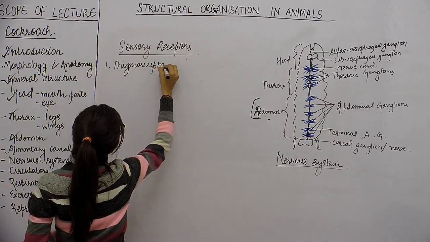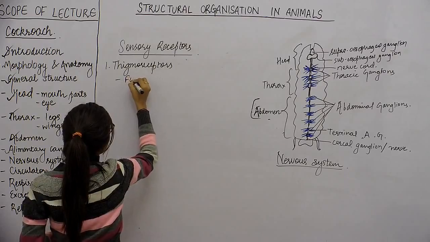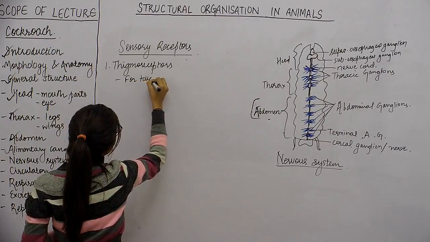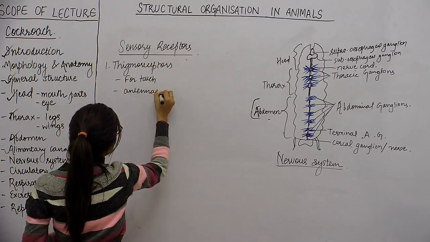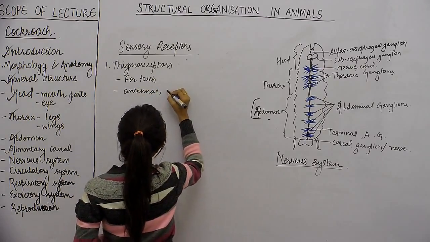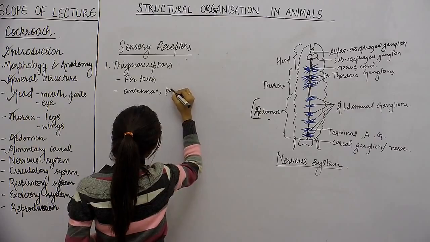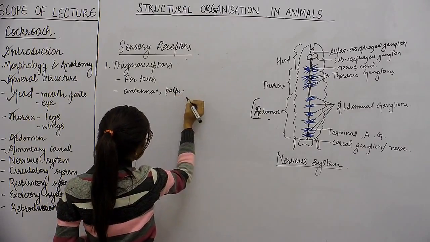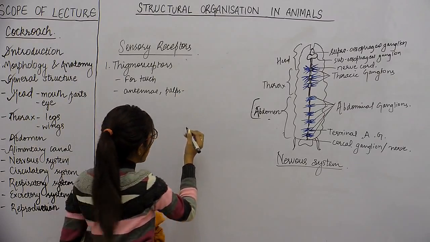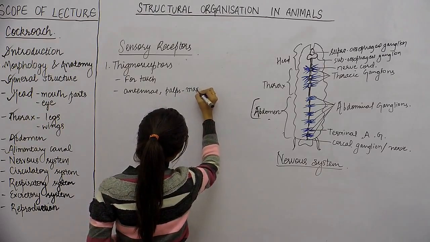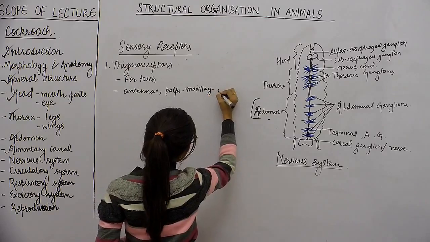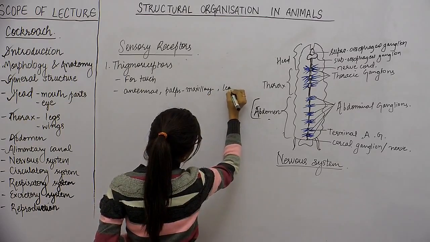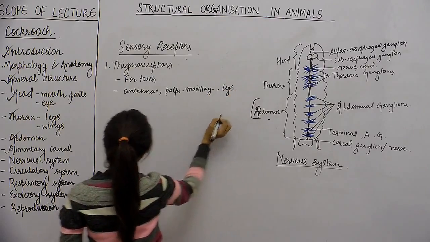These are the receptors for touch and they are present on antenna, palps. Parts are the maxillary parts, that is all the mouth parts. और legs पे भी present होती है.